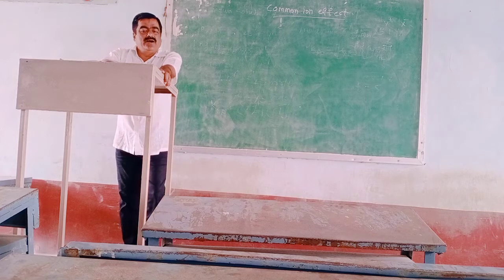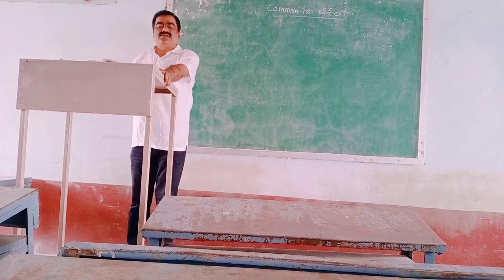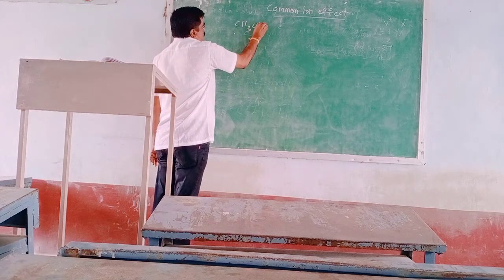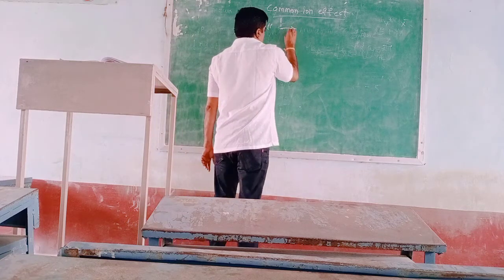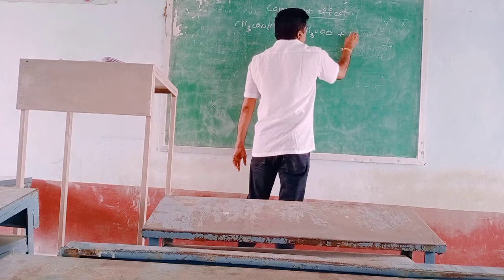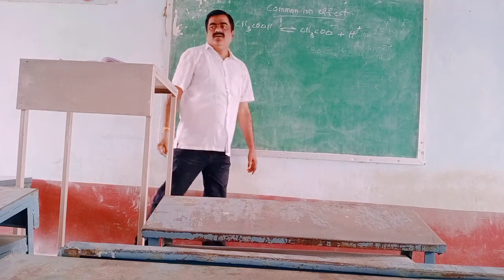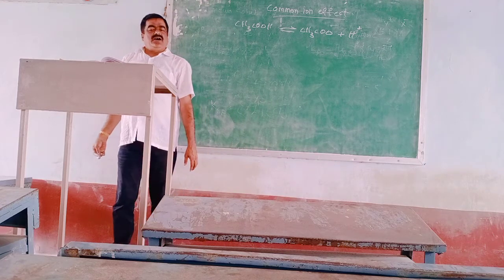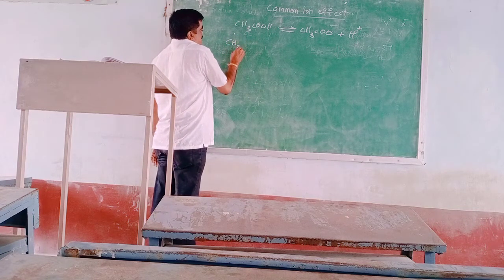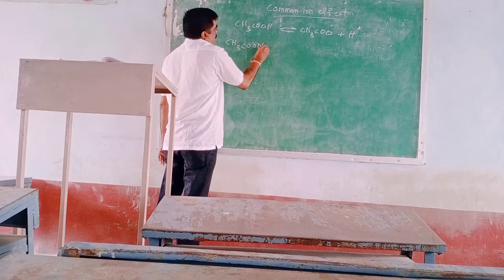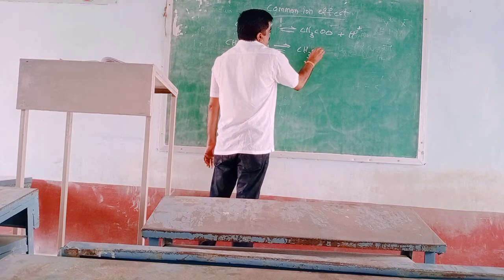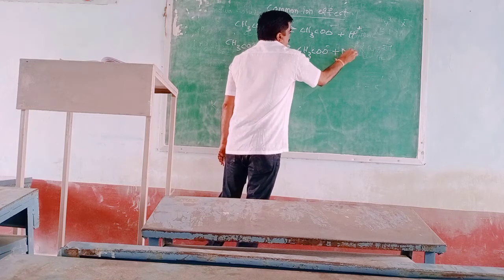If we take an example, consider the weak acid CH3COOH. It dissociates into CH3COO- and H+ ions, and its soluble ionic salt, CH3COONa, dissociates into CH3COO- plus Na+.